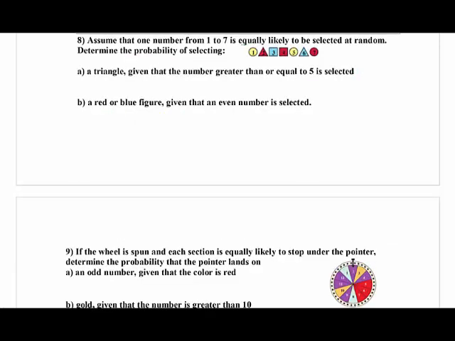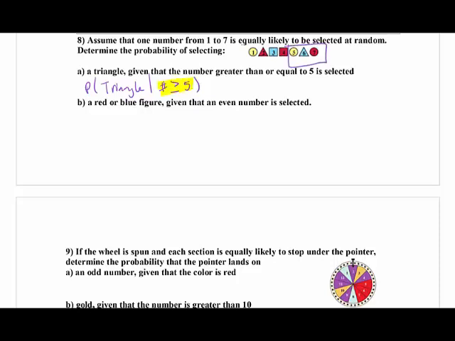Number 8, we are assuming again that one number from 1 to 7 is equally likely. Determine this piece. Please pause it, try to do A and B like we just did number 7, and see if you get the right answer. We want a probability as a triangle given that the number is greater than or equal to 5. So my condition here is the number is greater than or equal to 5.